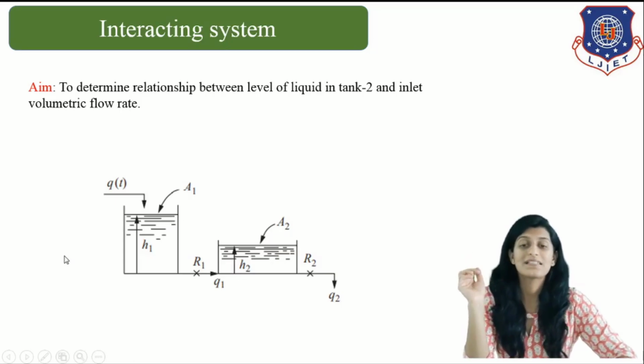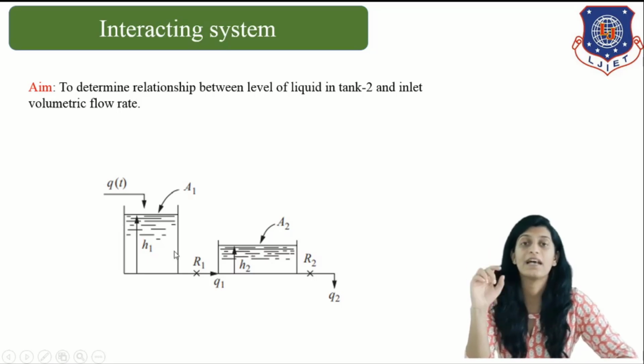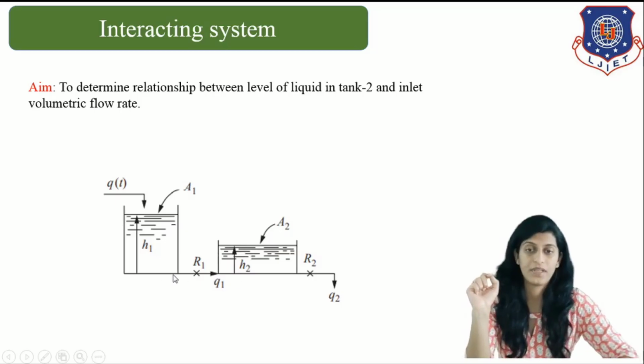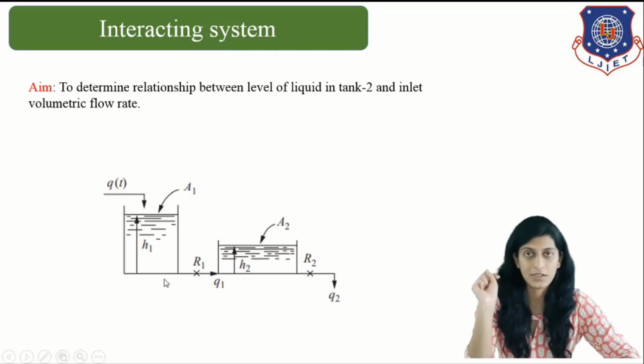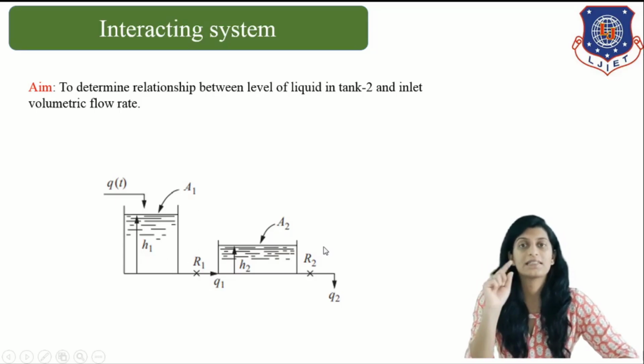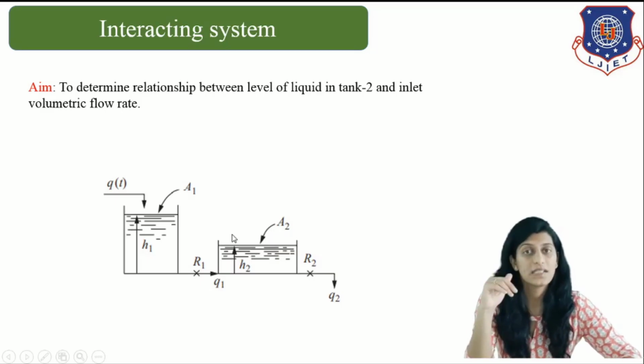So as you can see in this particular figure, there are two liquid level tanks and those tanks are connected with each other, right. Here you can clearly see the connection, that is a direct connection with each other. So what happened, the level of fluid in both the tanks are dependent on each other.